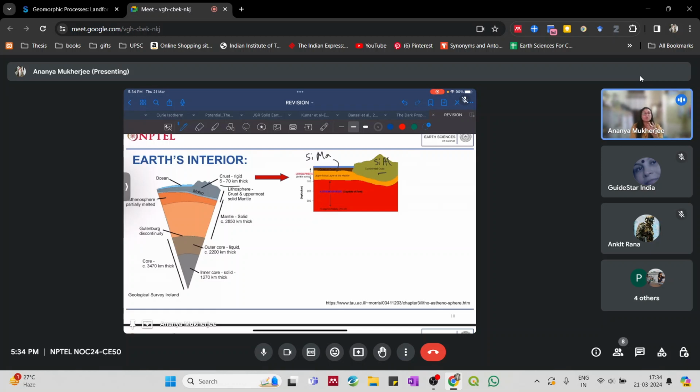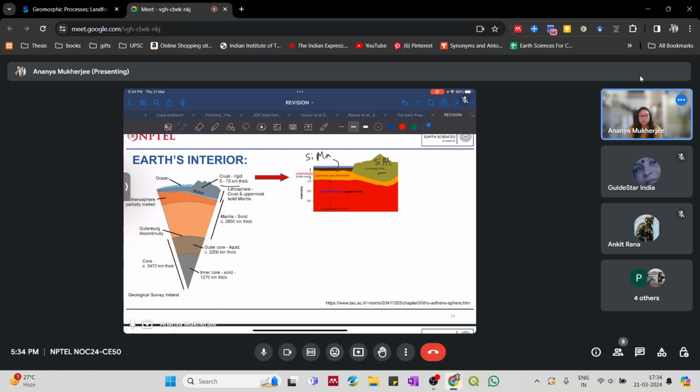But if we want to classify them with respect to their physical rheology, you can have lithosphere, then asthenosphere, and then mantle, and the core. Even in the core you have inner core and outer core, because both of them have a different state of existence.